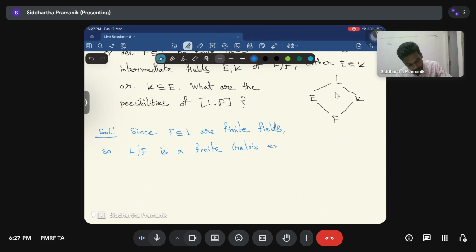And not only that, we also know what the Galois group is. It's a finite Galois extension with cyclic Galois group. That we have already done, because the Galois group will be generated by the Frobenius homomorphism. So that means L over F is a finite cyclic extension.